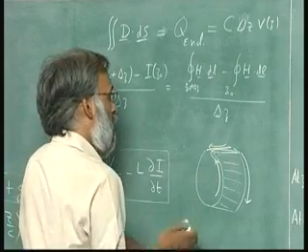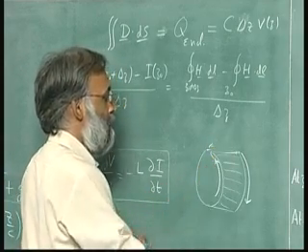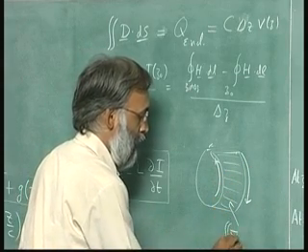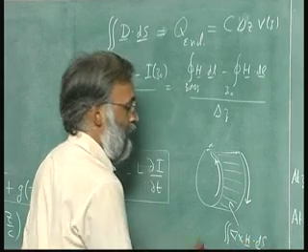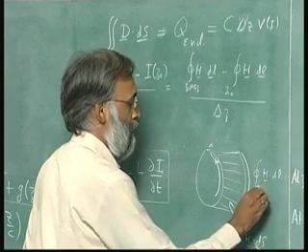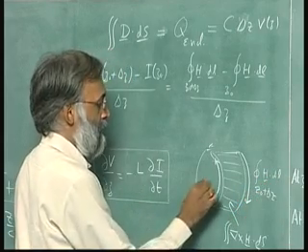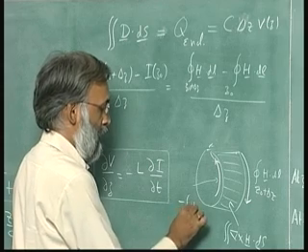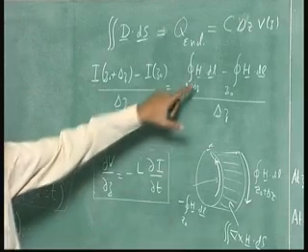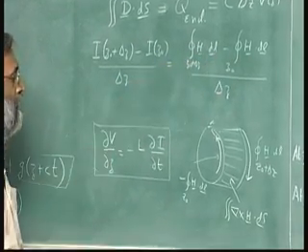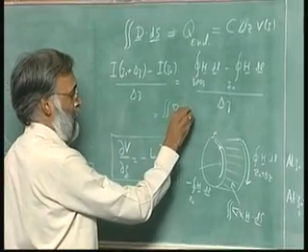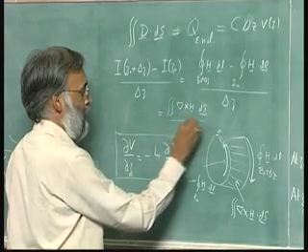Therefore, for a complete surface, this surface integral of curl of h dot ds is nothing but loop integral of h dot dl at z naught plus delta z minus loop integral h dot dl at z naught. So in other words, this piece can be written as surface integral curl of h dot ds divided by delta z.